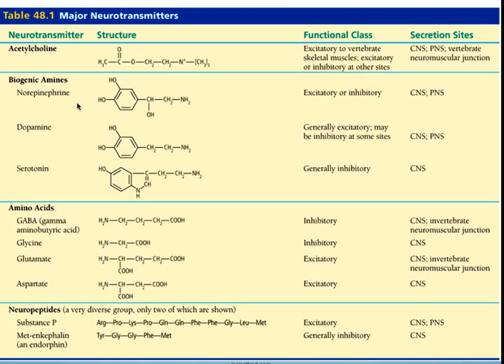Now, when we talk about catecholamines, that would be norepinephrine and epinephrine as well, which isn't here, but again, it's very similar, and dopamine. Okay, serotonin is what we call a monoamine. Well, what's the difference? Well, a catecholamine is a catecholamine because it has a catechol group, which is actually this group here with these two hydroxyls on it.